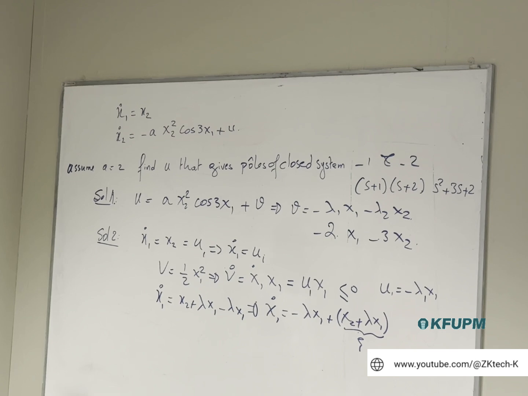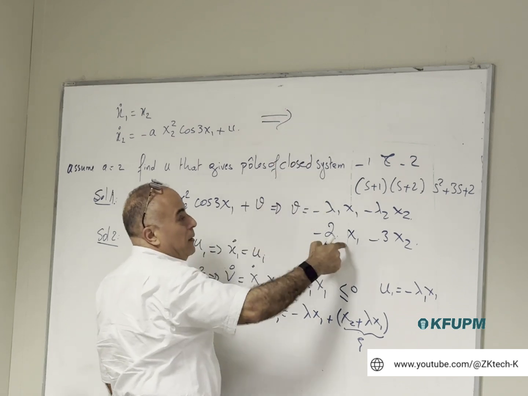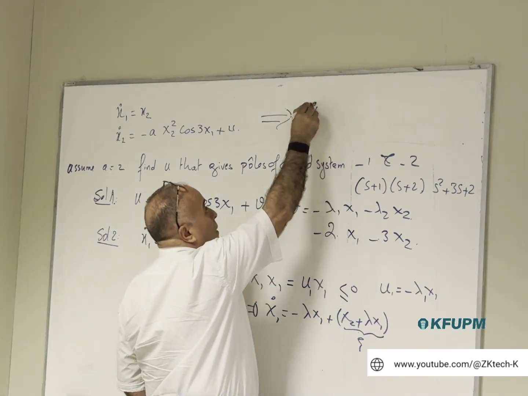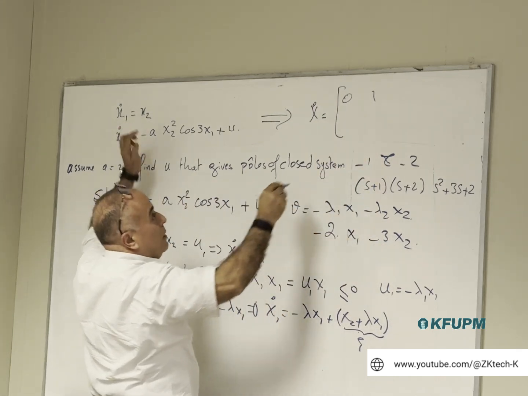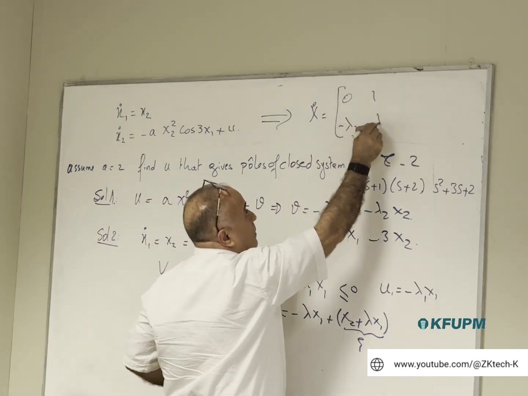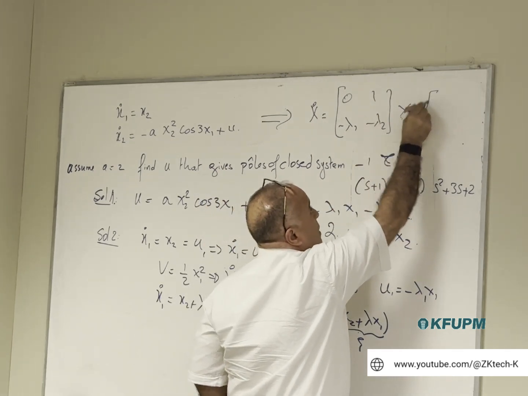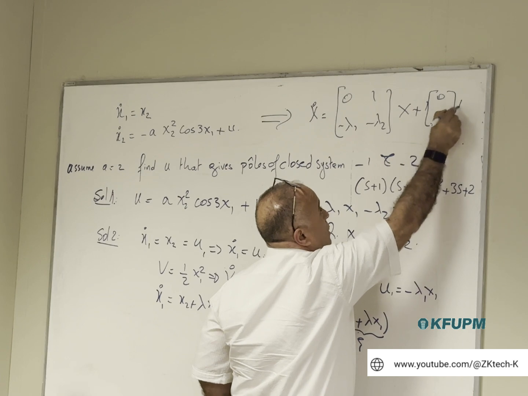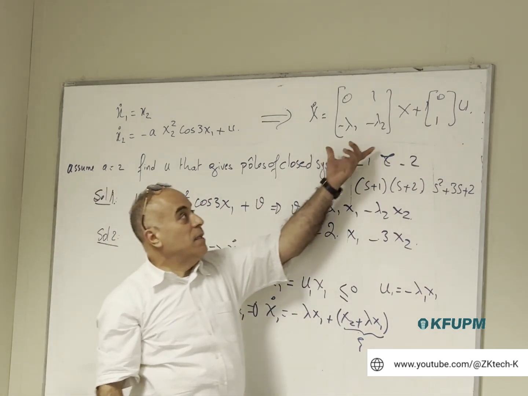If I go back here, based on this v, I can write x prime equal to 0, 1, 0 times x2 minus lambda 1, minus lambda 2, multiplied by x, plus b, which is 0, 1, multiplied by u, or reference, or whatever it is. The dynamics is here.